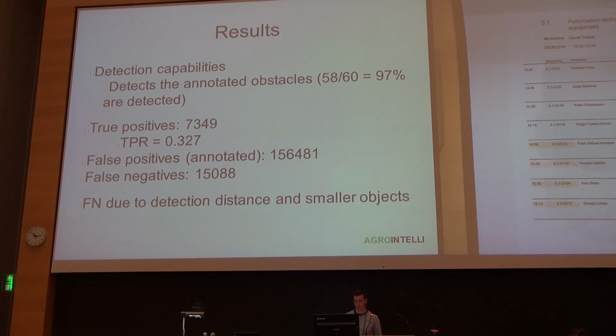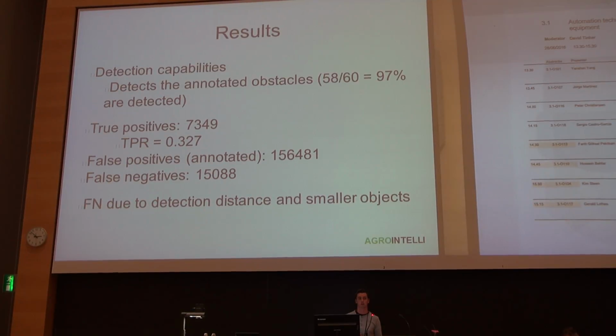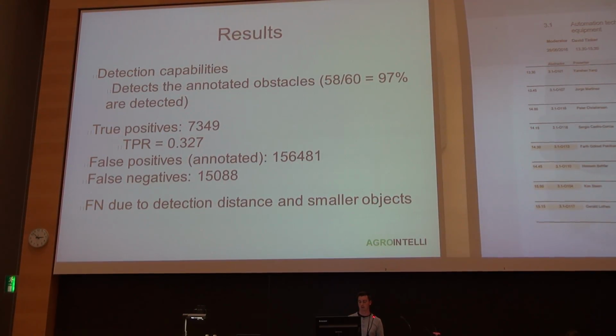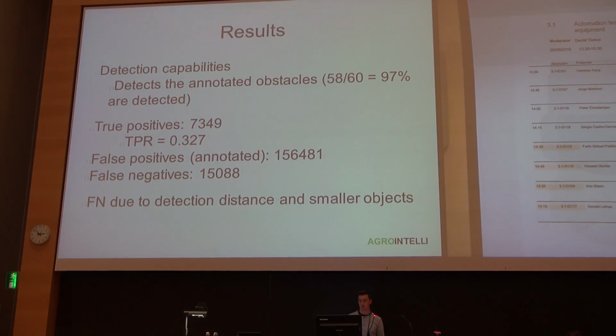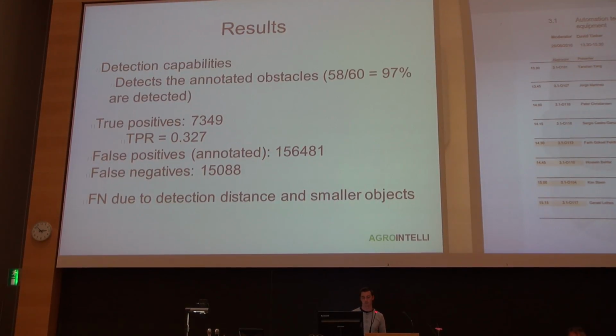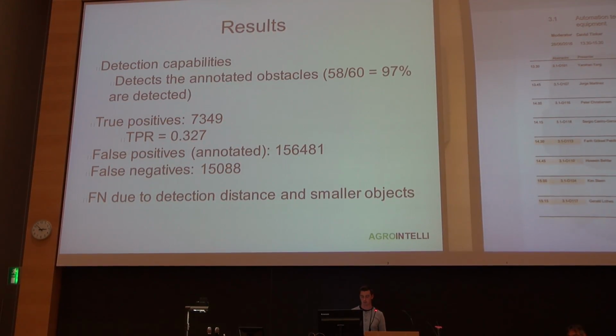We also have some false negatives, and those are the detections where we are supposed to detect that there's an obstacle, but we're not detecting it. And that affects, of course, the number of true positives that we are able to detect.